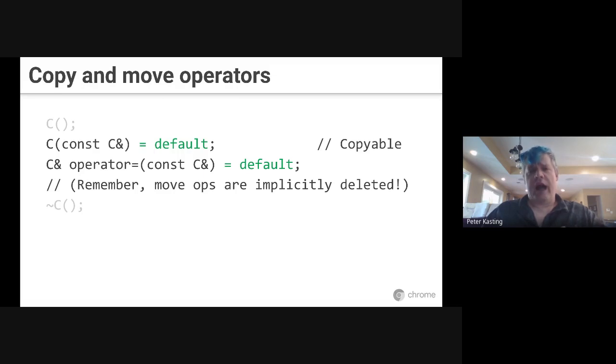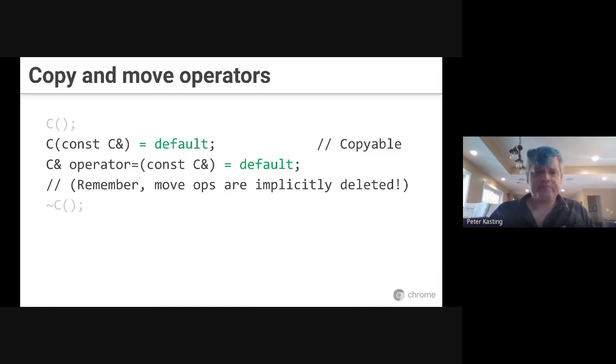One reason why you should make your class copyable by default when it's sane is because you need that to be able to store it in a vector or a lot of other containers. The people who know C++ better in the room might be waving their hands saying, oh, but you could put it inside a unique pointer. And yes, there are ways around this. But in general, if you want people to do common things with your class, making it copyable helps them to do that.